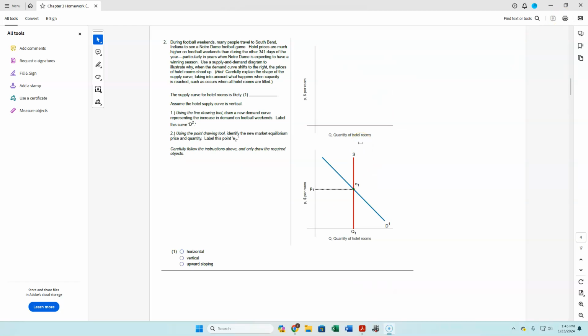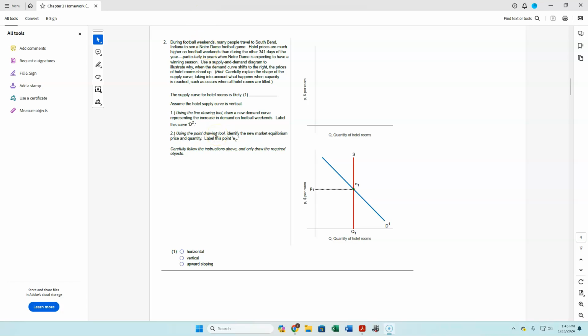In number 2, we've got my alma mater, Notre Dame, talking about the perennial problem of finding a room on football weekend. Okay, let's just look at this here.